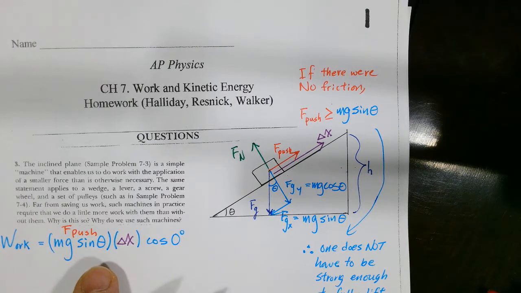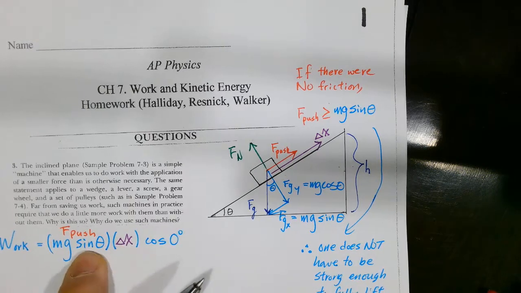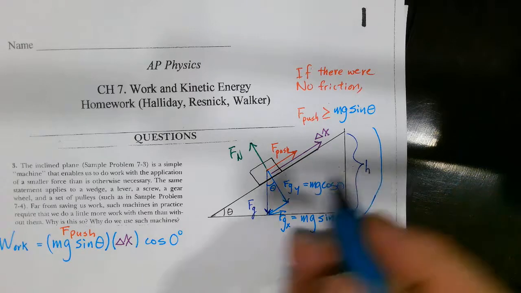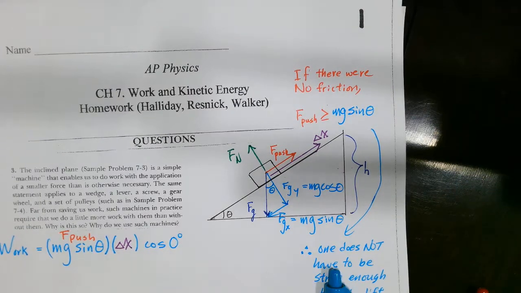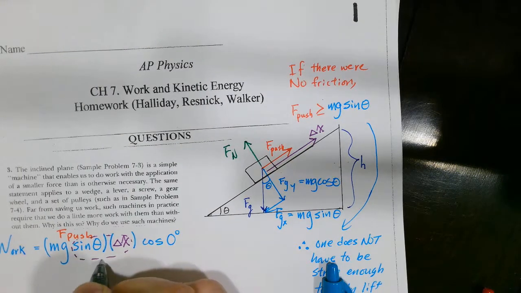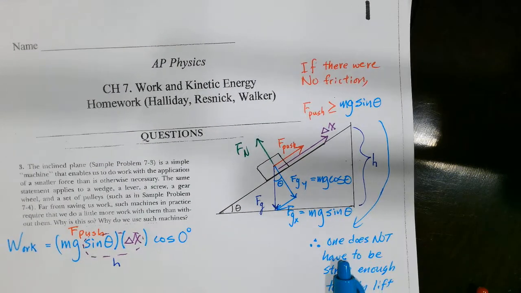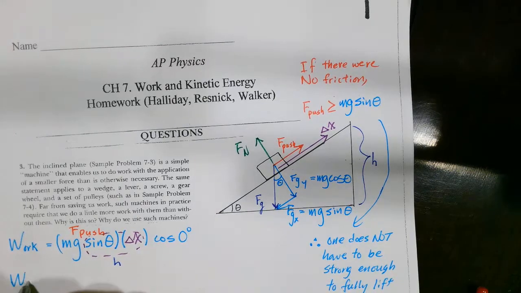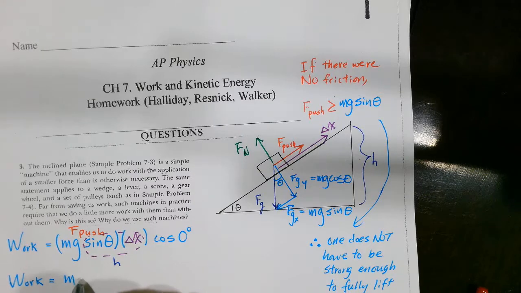this is really nothing more than delta x sine theta, which is just h. So this right here is h. Therefore, work is equal to mgh.